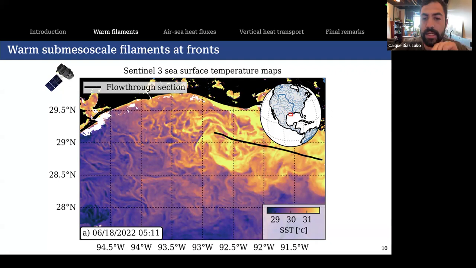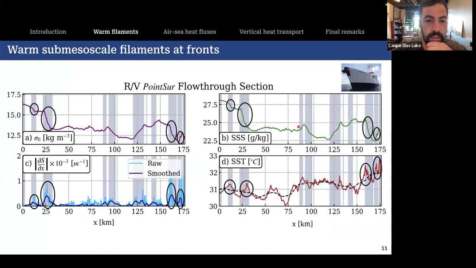And as a first test, we took one of our transects. This is from when we left the port and were traveling to our sampling area. So we crossed a bunch of these filaments, and we checked if the filaments were actually matching with the fronts. Here we're plotting distance on the x-axis, and on this first subplot, we have the sea surface density.